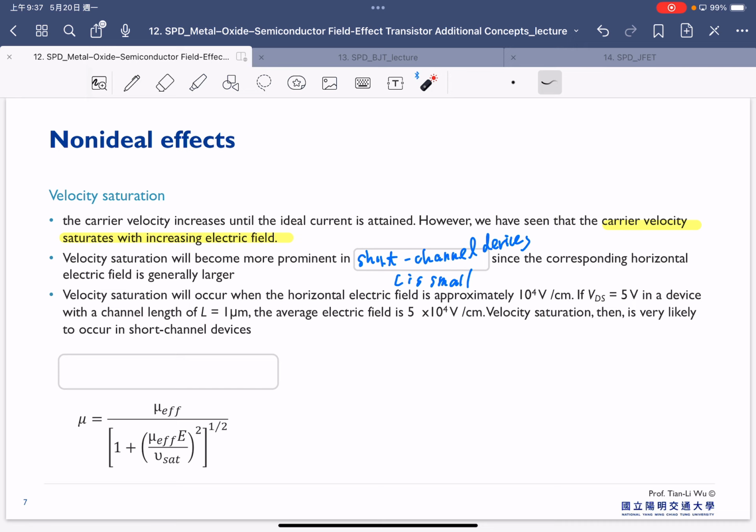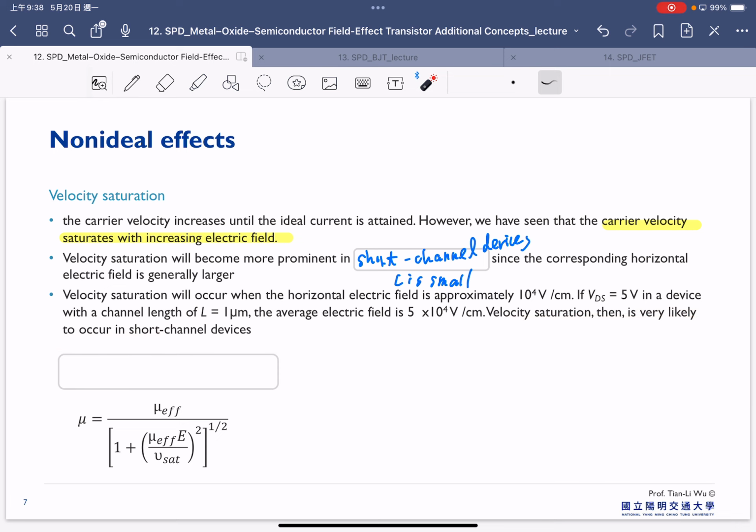Once our channel length is small, our electric field is larger. Velocity saturation will occur when the horizontal electric field approximately reaches this level. If we operate VDS at 5 volts in a device with a channel length of 1 micrometer, the average electric field is equal to this value, and velocity saturation is very likely to occur in a short channel device.